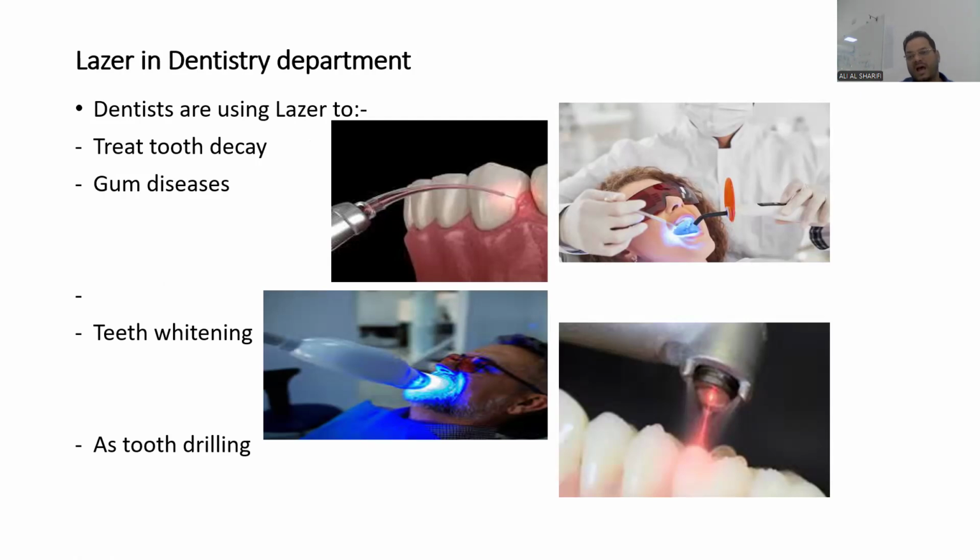Here, in your specialty, in your department, dentists use this laser to whiten teeth and to treat some tooth decay. Here in this picture, the dentist used it as a sharp knife to cut something and at the same time benefit from its high energy to kill any germs, any bad bacteria that can appear.